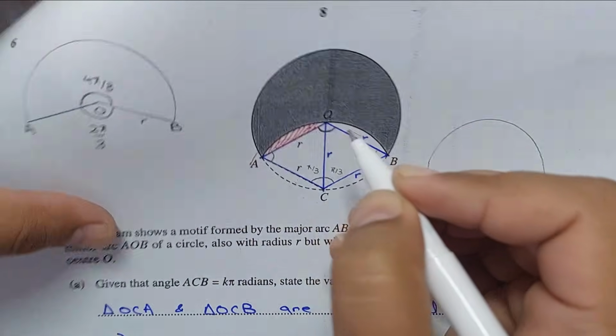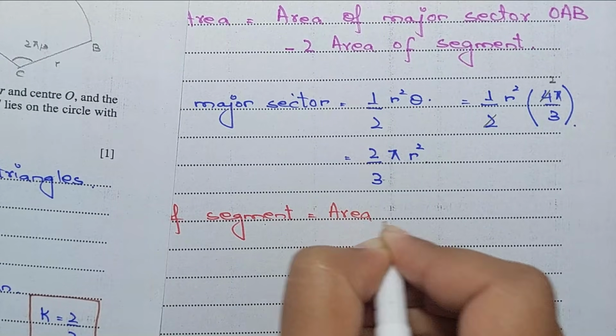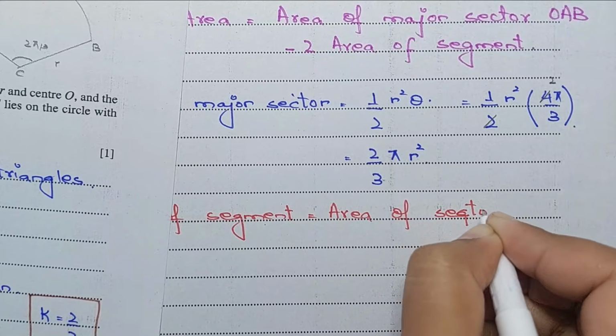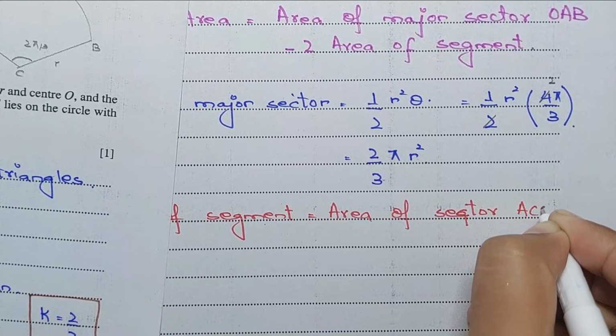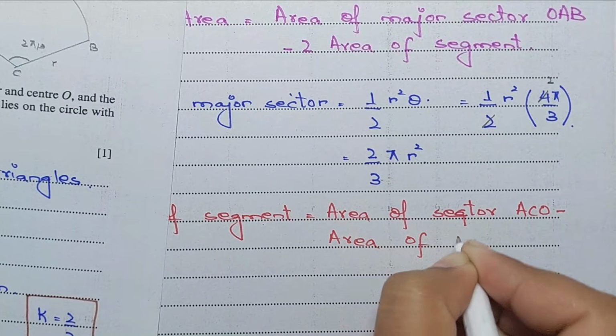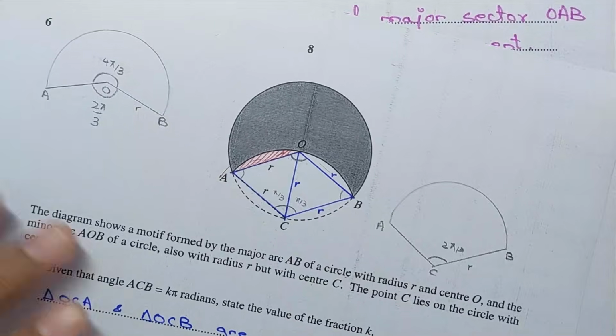You will get the segment area, right? Area of a segment is area of sector ACO, subtract area of triangle ACO. Let me explain one more time.